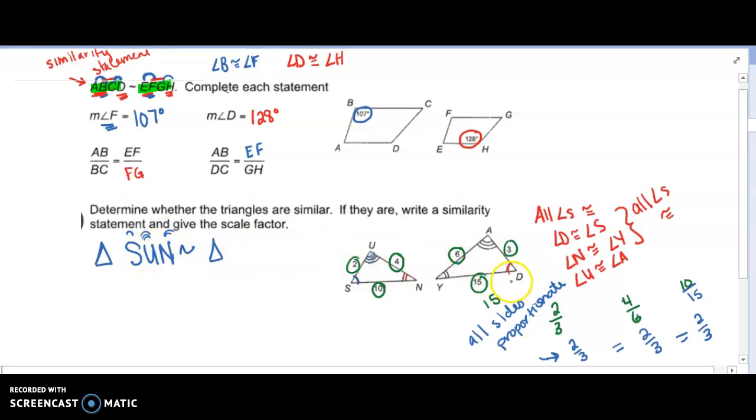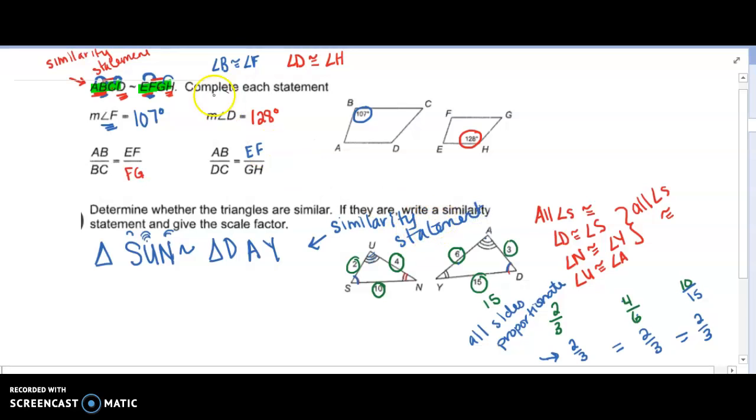So my single hash mark is my D. My U has the 3, so my A has the 3. And my N is the 2, so my Y has the 2. So this would be a similarity statement.